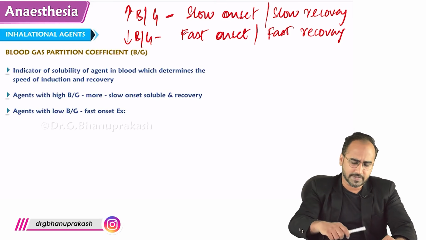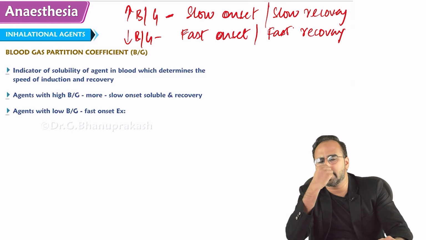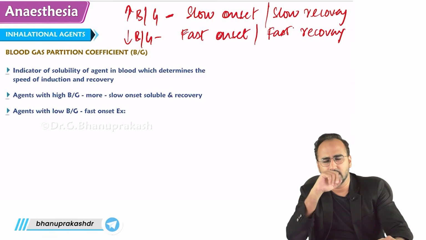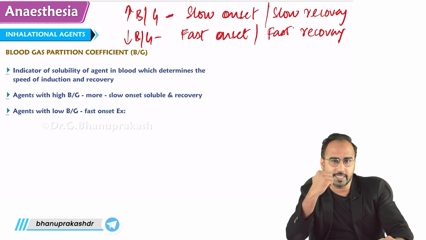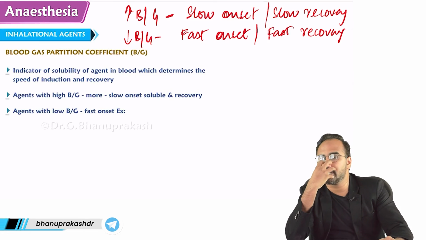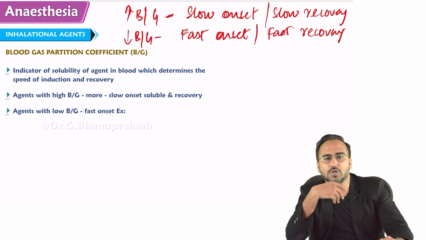Now guys, look over here. Whenever you are giving any inhalational agent to the patient, the main function is it maintains the patient unconscious. Whenever you give any inhalational agent to the patient, you are keeping the mask on the patient's mouth. The patient is inhaling the fumes.